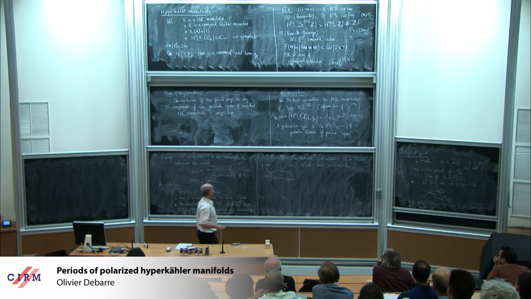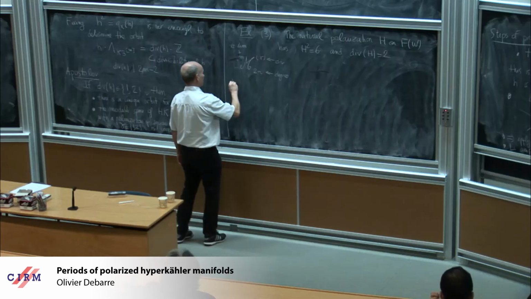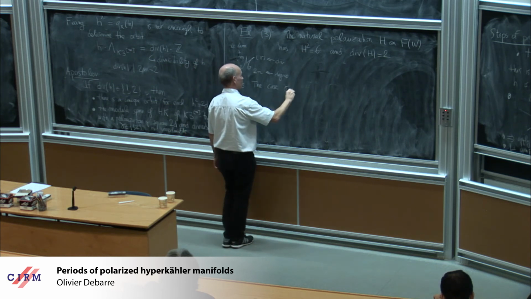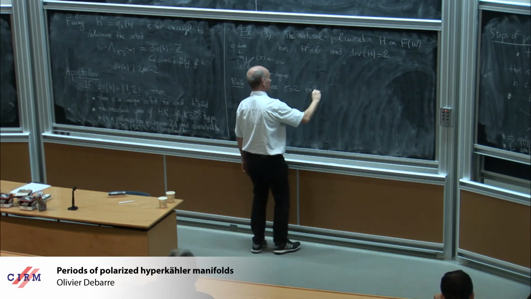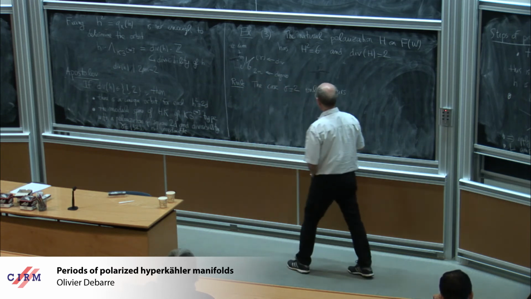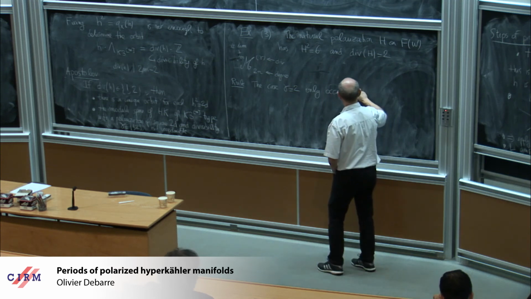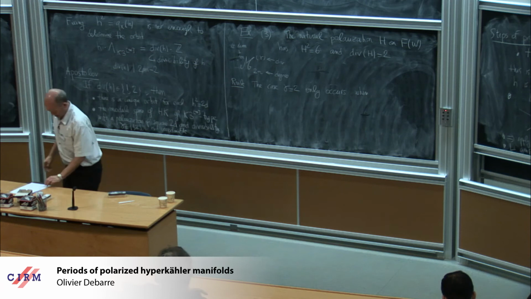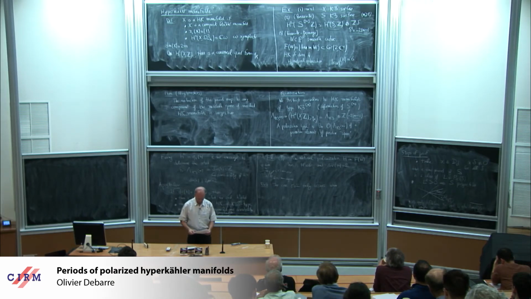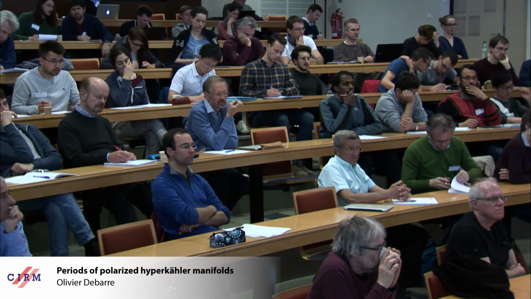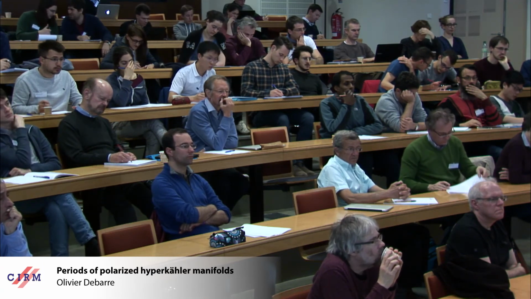Maybe I should say a remark: the case of divisibility 2 only occurs when, let me try to get this right, there is a numerical condition, which I have, of course, forgotten.